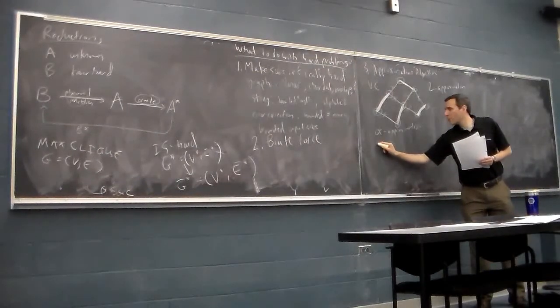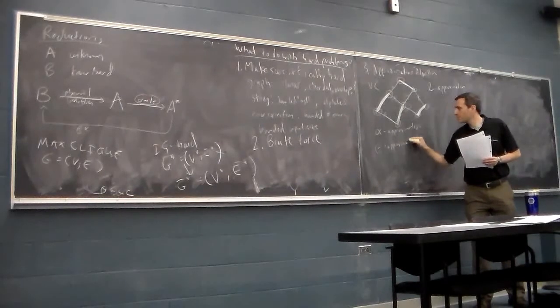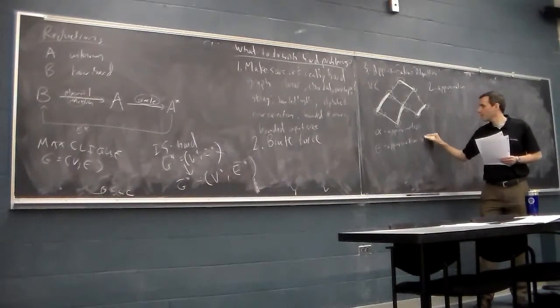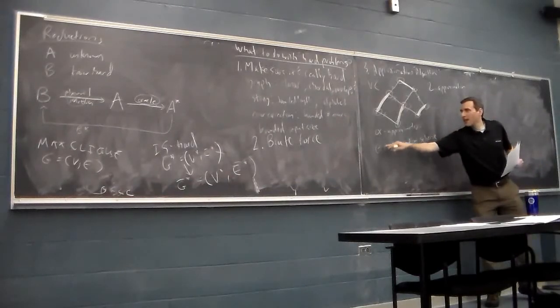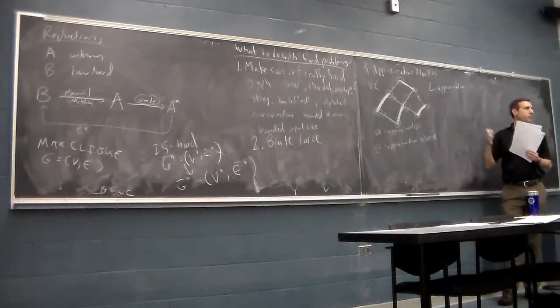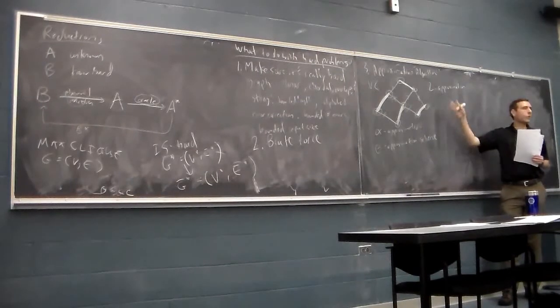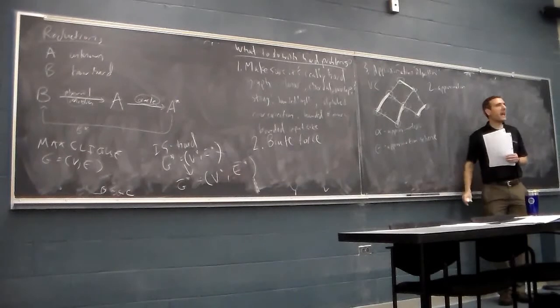Other problems have what is called an epsilon approximation scheme, which means that for any value of epsilon, there is an epsilon approximation algorithm. So you can find an algorithm that is a 2 approximation, you can find one that's a 1.5 or 1.1 or 1.001. And of course, there has to be a catch there.